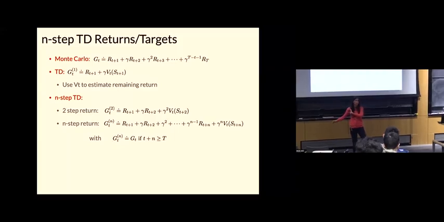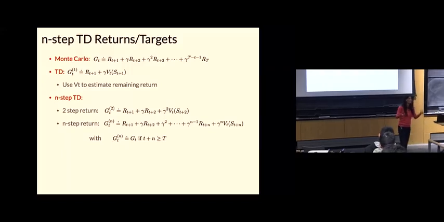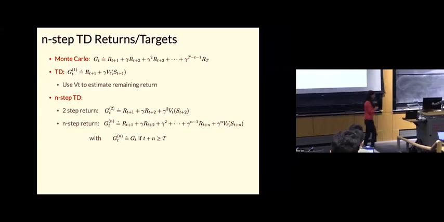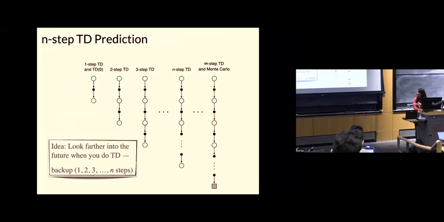Is that clear? And as you see, there is now a continuum between G_t^0, which is what we've seen so far, and G_t^infinity, which is Monte Carlo, where only the immediate rewards show up along the trajectory and never an estimate of the value, a capital V or capital Q. So it looks something like this.